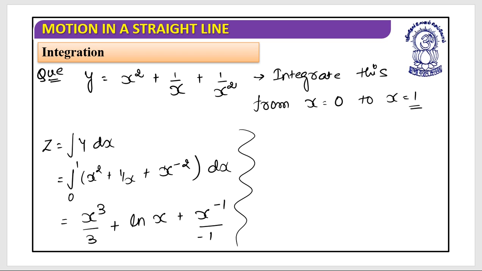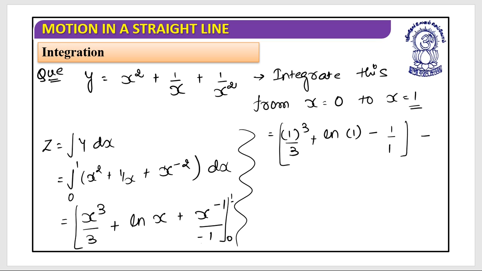So now let's put in the limits from 0 to 1. Putting in 1, it's 1 cubed divided by 3 plus ln 1 minus 1 by 1. Now it's time to replace the value of the lower limit.